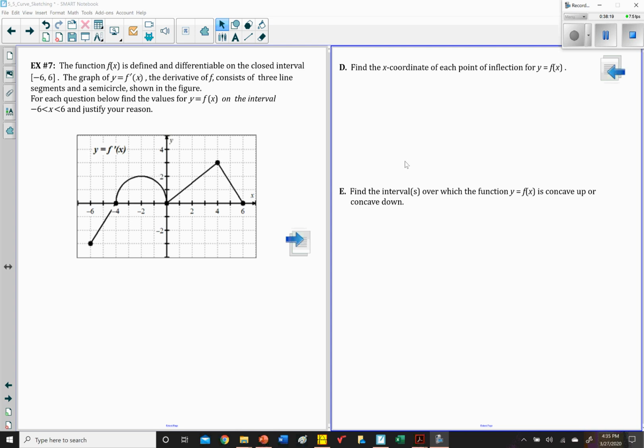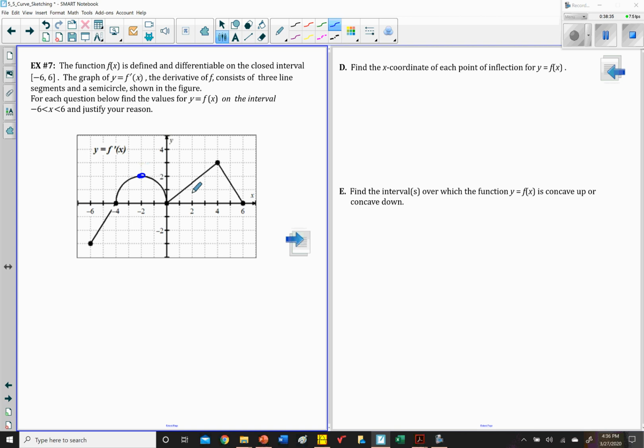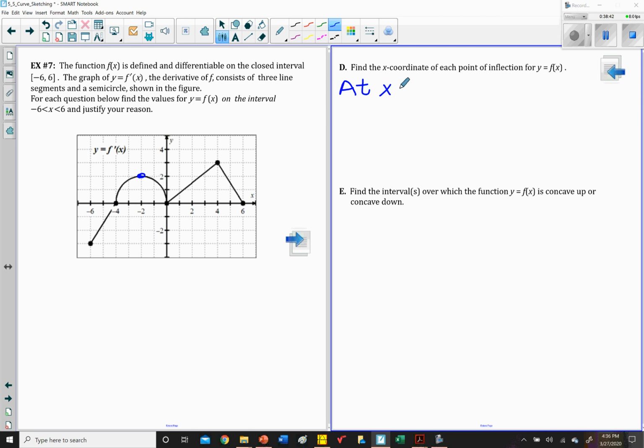All right, part D. Find the x-coordinate of each point of inflection for y equals f of x. And we said earlier that the points of inflection are going to happen at maxes and mins. So a max here, we could say at x equals -2 and at x equals 4, the second derivative.